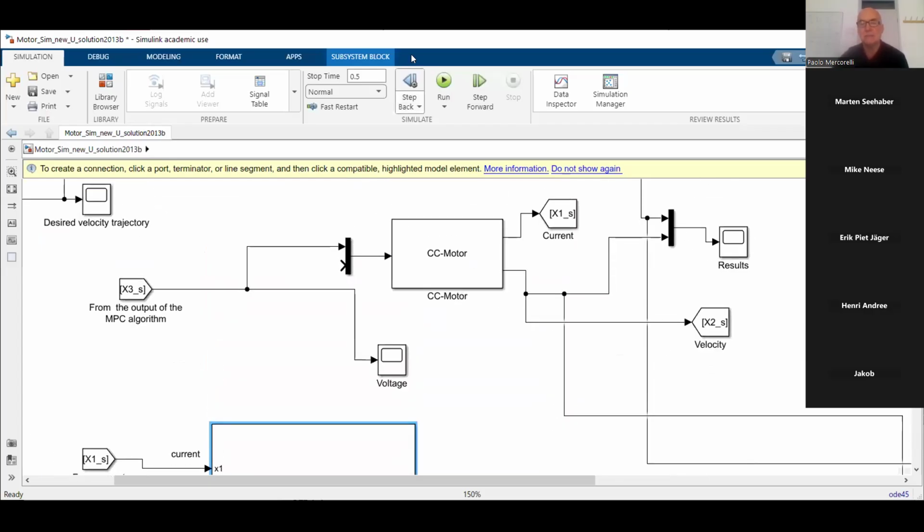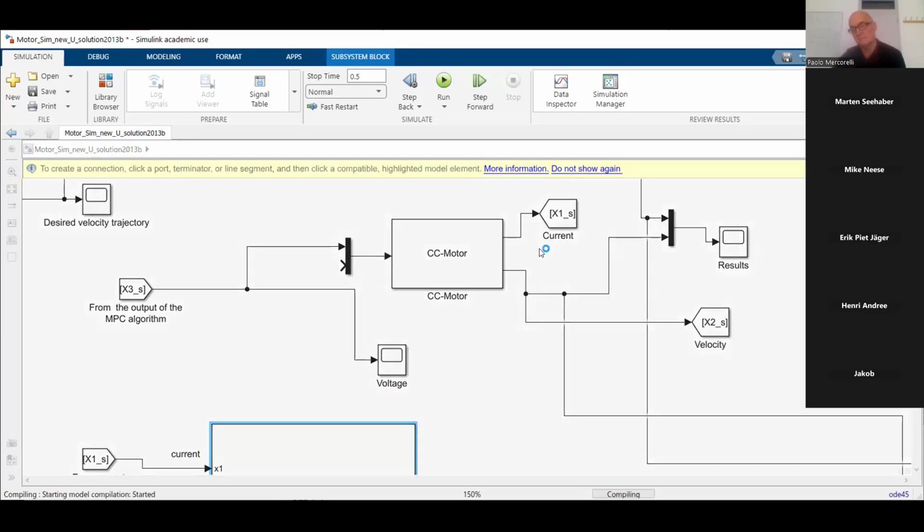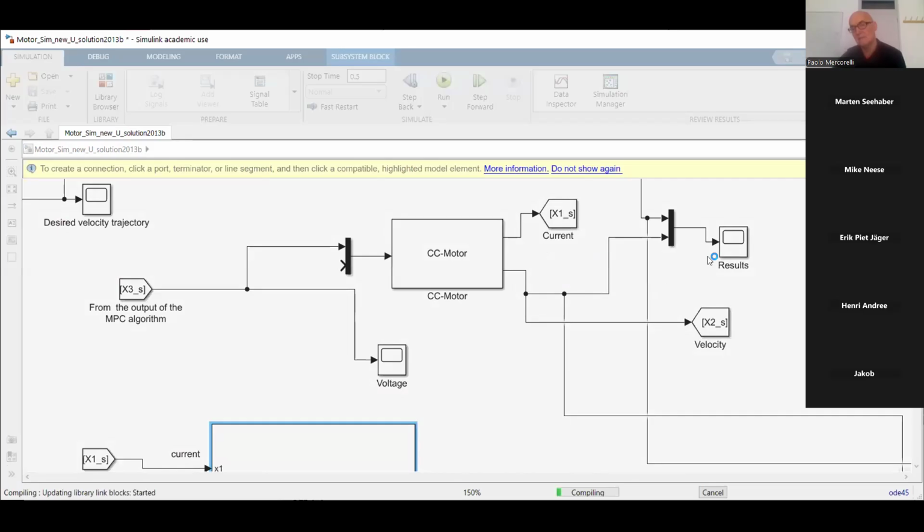Let me see without disturbance. Here are the results in terms of velocity.